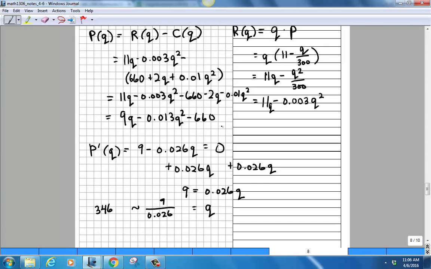It's a little bit hard to know how many decimal places we need. 346 is close enough. If that turns out to not be, use more decimal places in order to get a more accurate result there.